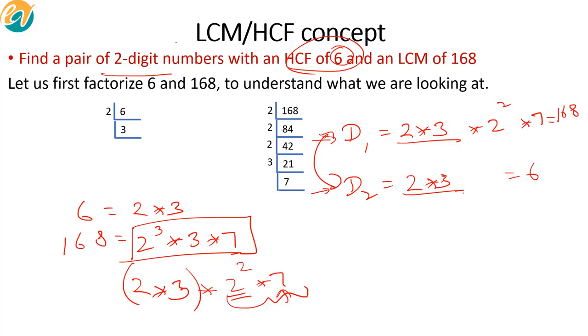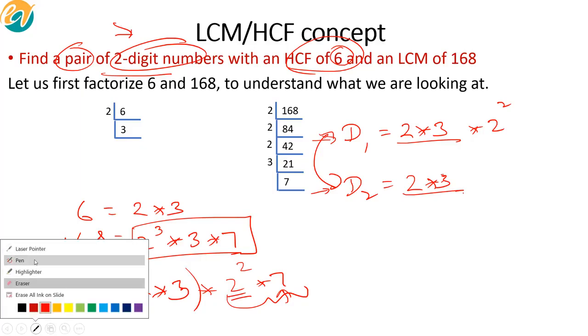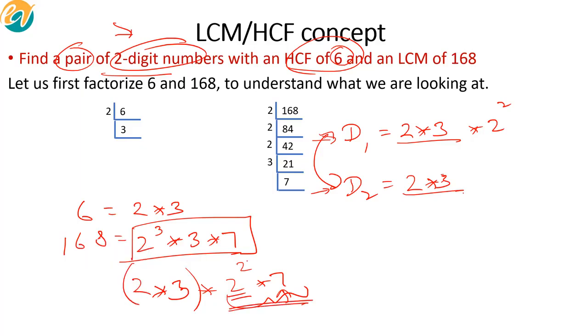However, what we were looking for was a pair of two-digit numbers. So clearly this is not a two-digit number. In fact, this is a three-digit number. So that constraint that we had to find a pair of two-digit numbers is violated. In other words, remember we were reconciling where to put in 2 square into 7. If we put 2 square over here, then we need to put 7 over here.